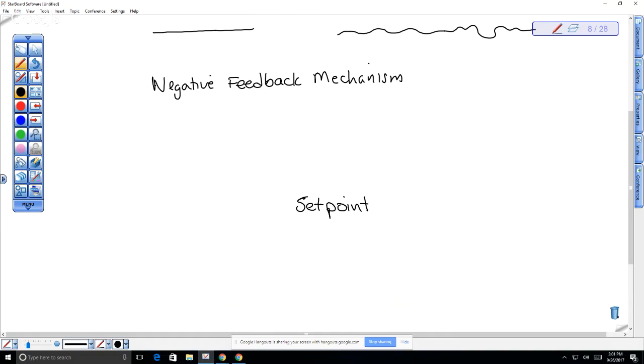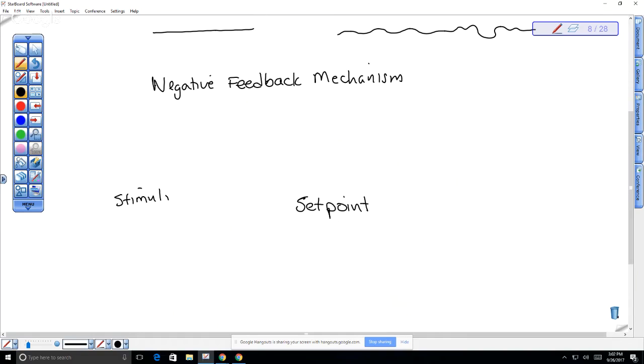Okay. So we have a stimulus. It is really important to realize that this stimulus could be internal or it could be external, right? So it could be the inside of your body. This could be the temperature of your blood. Or this could be an external stimulus as well. So it could be the temperature outside the body.